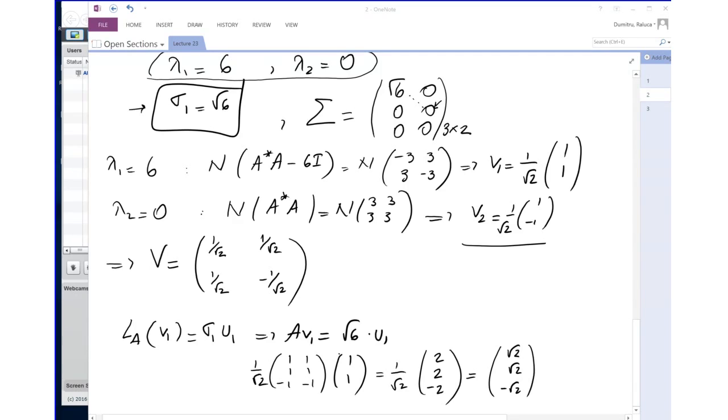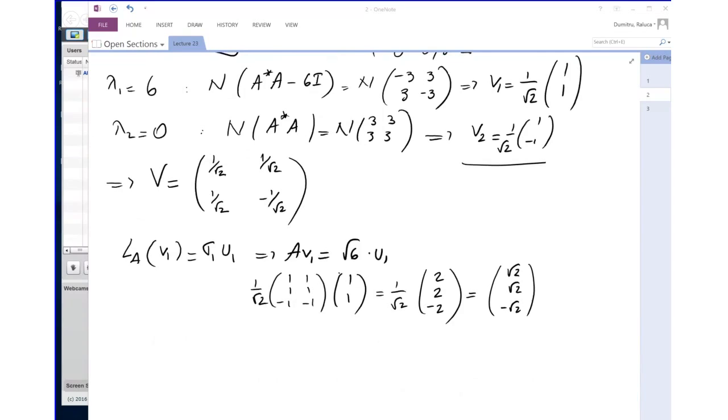However, the norm of that vector is the square root of 6. So I have to divide by the square root of 6 anyways, because this is square root of 6 times U1. So U1 is 1 over the square root of 6 times that. The square root of 2 will cancel, and that will leave you with 1 over the square root of 3 times 1, 1, negative 1. That would be the first vector in the basis for R3.